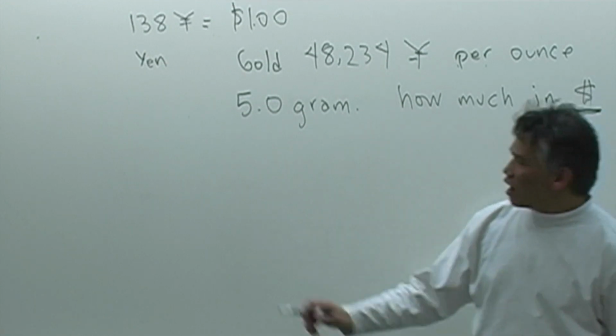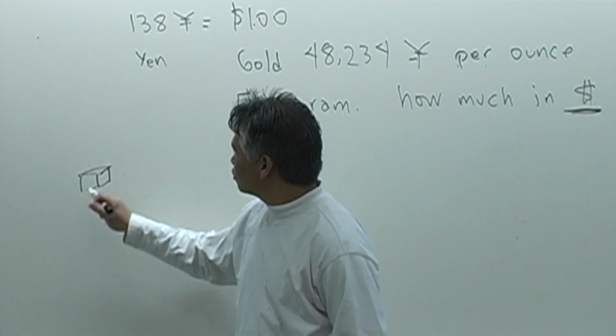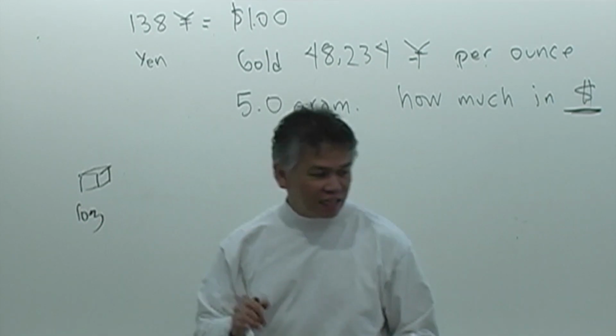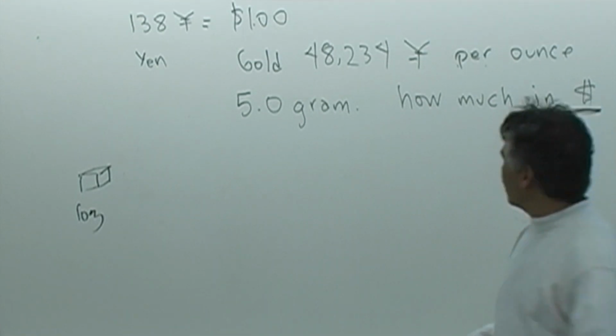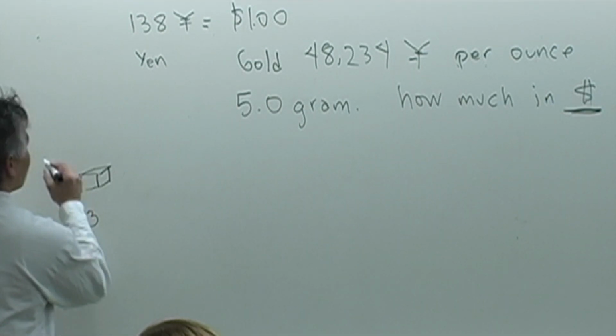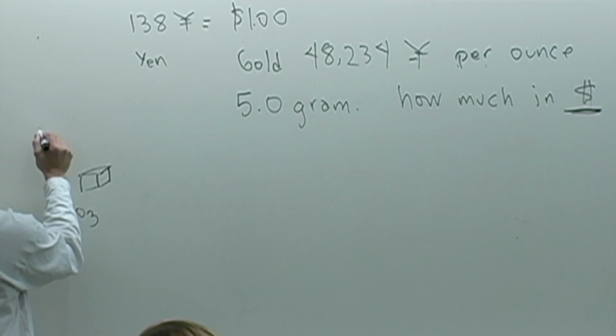In dollars. How much in dollars? So the price of gold, we have 1 ounce, 1 oz, and that's an exact number, by the way, and it costs 48,234 yen.